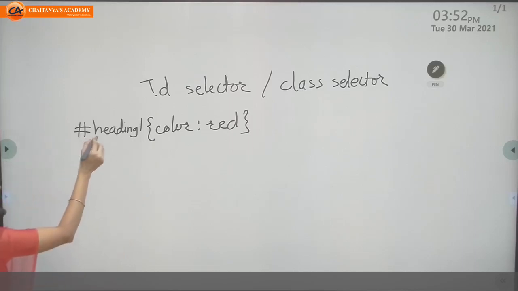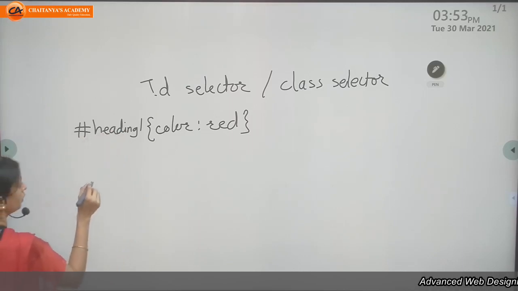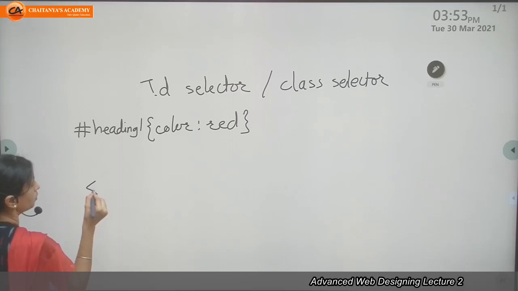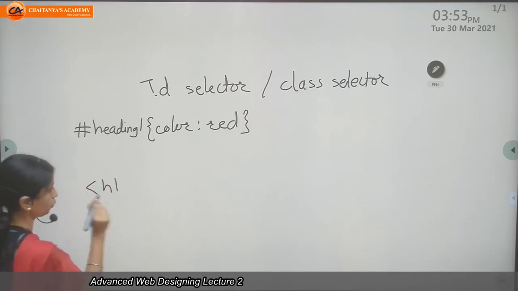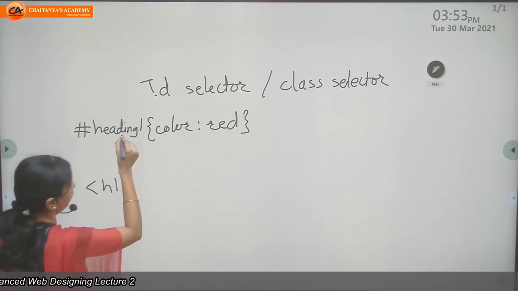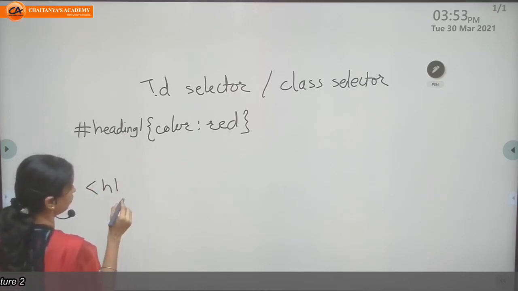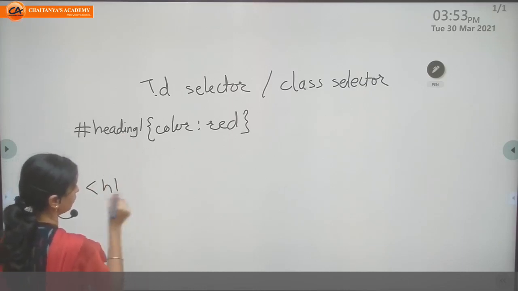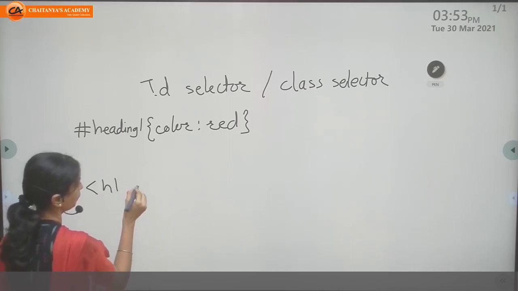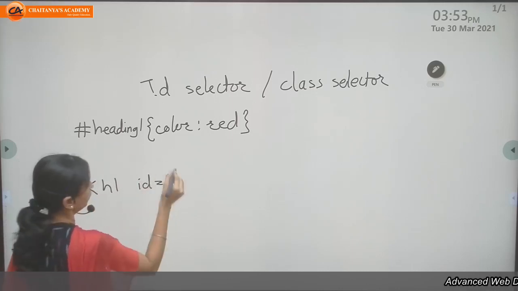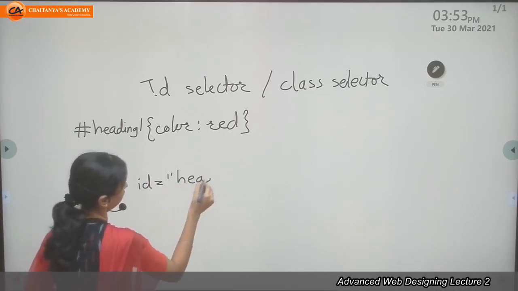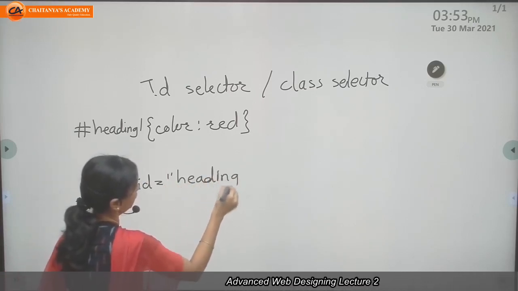When I want to use this heading 1, what do I need to do? Suppose I am writing here h1. I can call this selector and its value like this: h1 id equal to, in double quotes, heading 1.